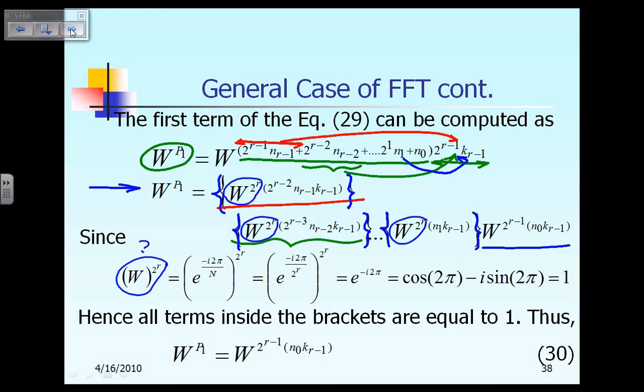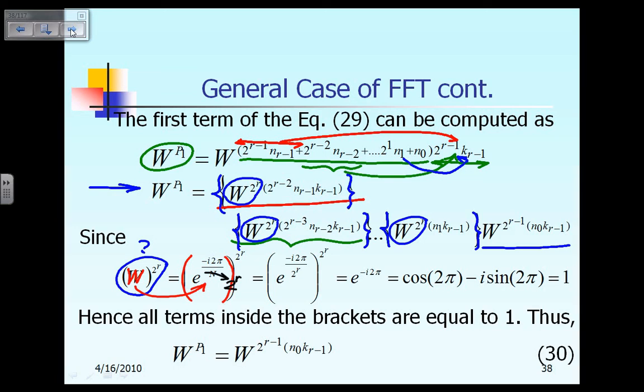Well, the answer is, according to the definition, we know w, the red term, is defined as everything inside this red parenthesis. In other words, earlier we defined w as e raised to the power minus i 2 pi divided by capital N. Now, don't forget, in this case, capital N is equal to 2 raised to the power r.